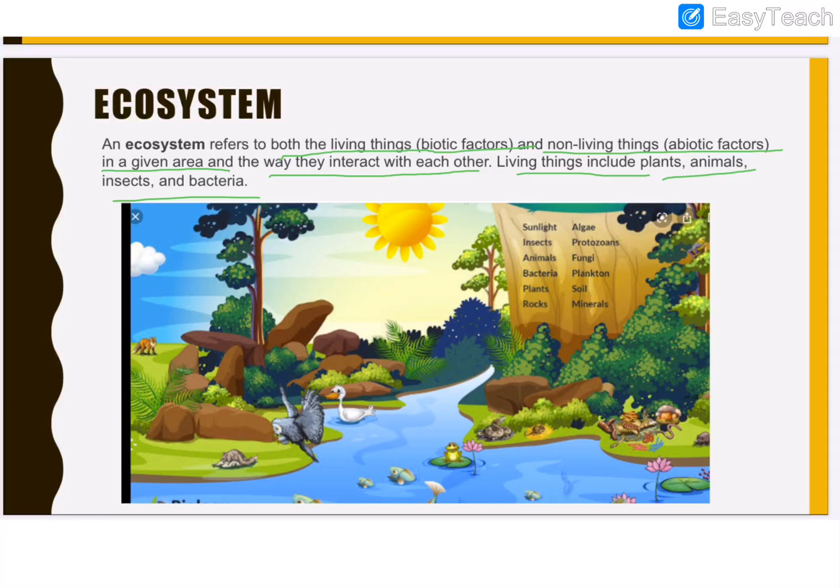They are all non-living things. So ecosystem refers to the interaction between living and non-living things in a given area. The living things are called the biotic factors and the non-living things are called the abiotic factors of an ecosystem.